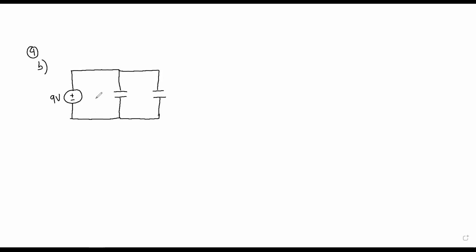It's the same two values of capacitance. So this is going to be C1, which is 2 microfarads. This is going to be C2, which was 7.4 microfarads. And now the difference is that they're in parallel. So this connection here is a parallel connection.